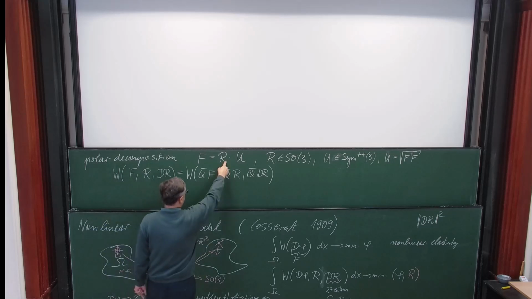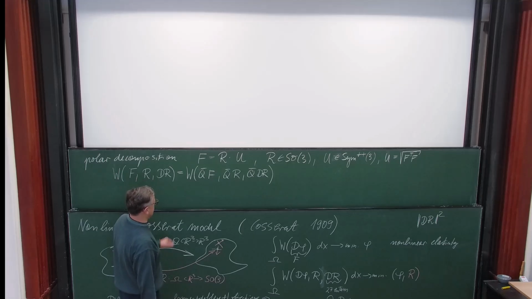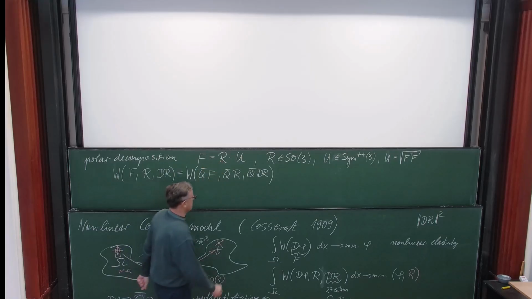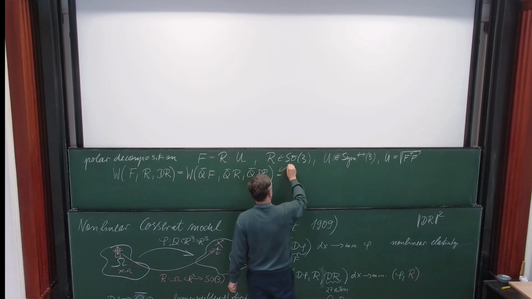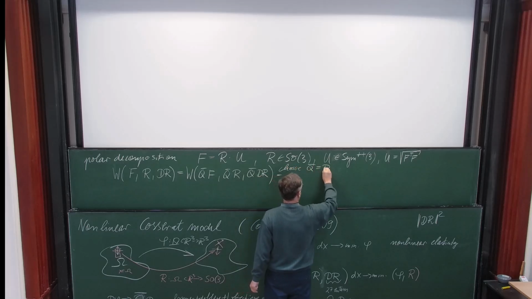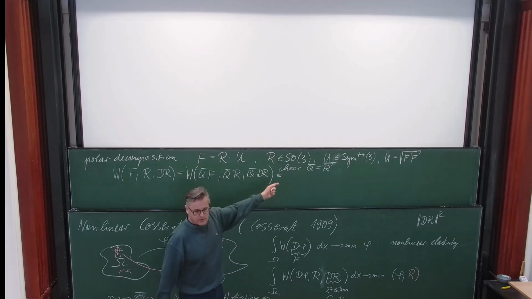I can insert the polar decomposition of F and choose at will Q bar to be R transposed. So choose Q bar equal to R transpose, and this is a permitted choice to do that.